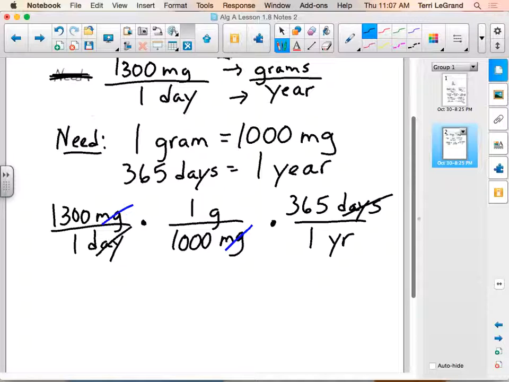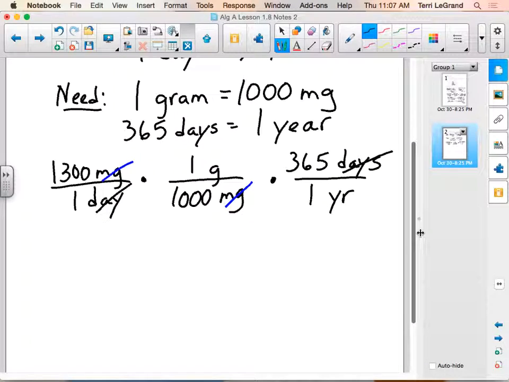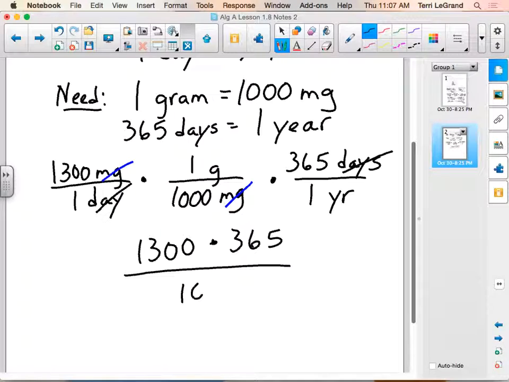We have grams upstairs, we have years downstairs. Is that what they want? Grams per year. We're ready to multiply. By the way, does multiplying by 1 do anything? It just keeps it the same, so we can ignore those. 1,300 times 365 over 1,000.